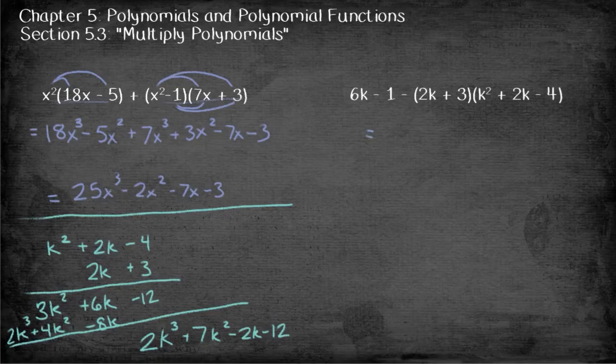So what we have to be aware of is that we are subtracting the entirety of 2k plus 3 times k squared plus 2k minus 4. So that means that this negative sign has to be accounted for.